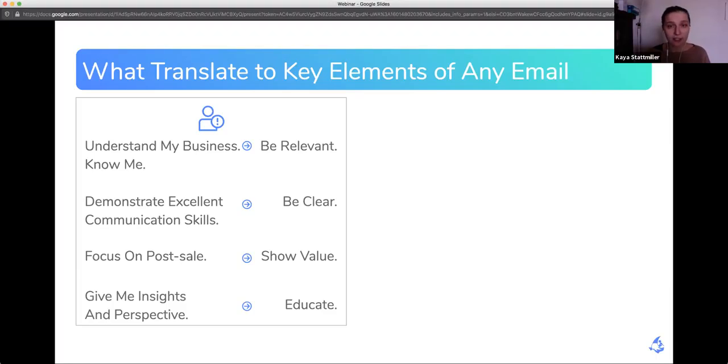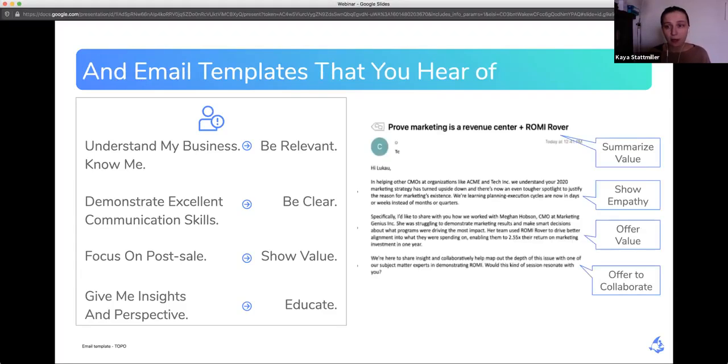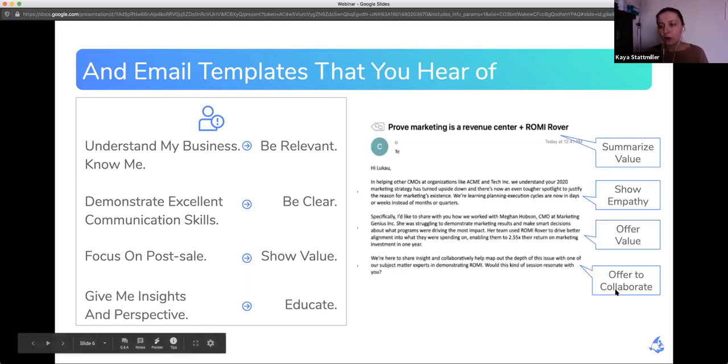But the thing is that you are reading about all those formulas or templates. For example, here I have an email template by one of the consulting companies from San Francisco. Basically their approach to creating an email is: summarize value, show empathy, offer value, and offer to collaborate.